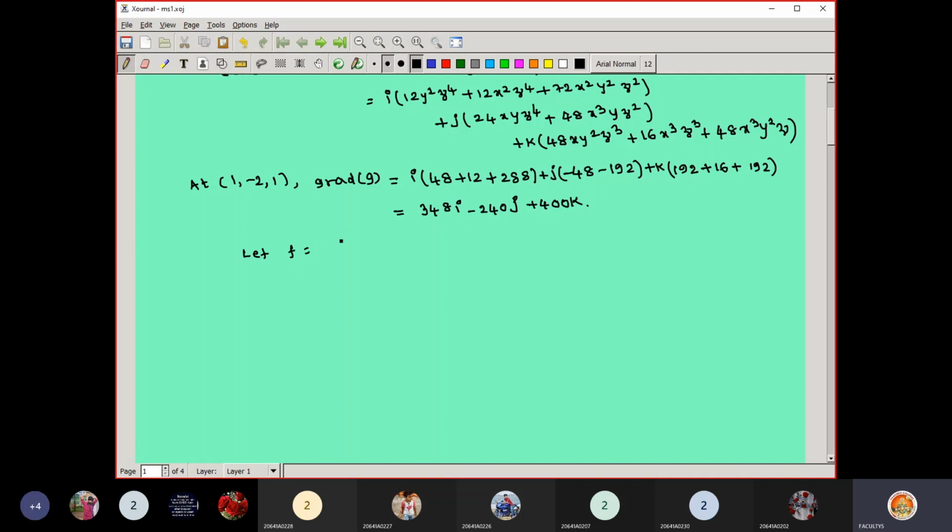So f equals x y square z, and you take the right side to the left: minus 3x minus z square. So you need to convert this into a vector. Therefore you directly calculate the gradient of f, which is del f, to get your vector.